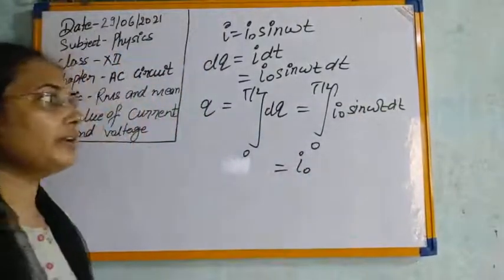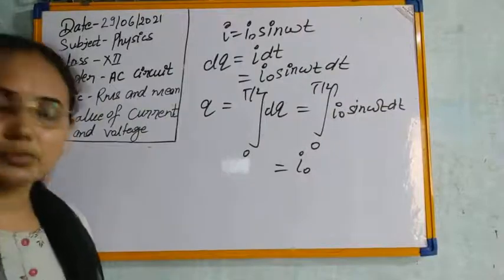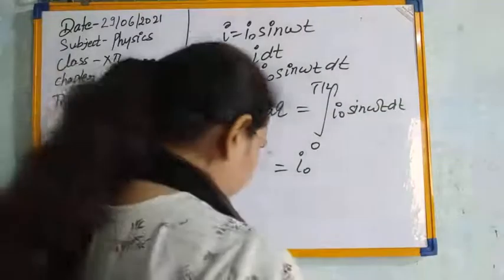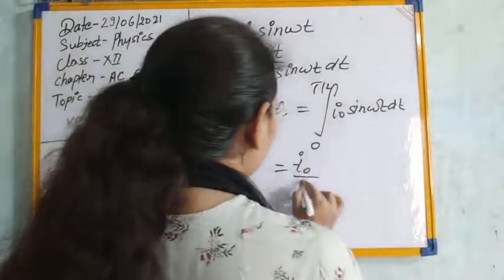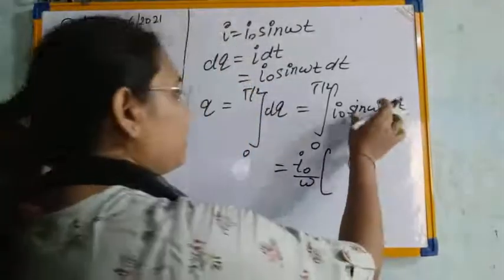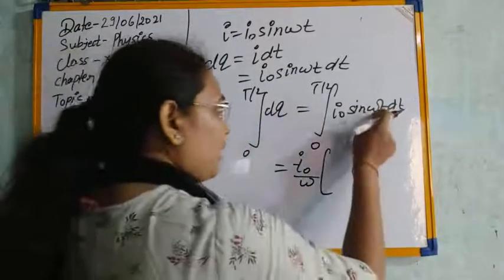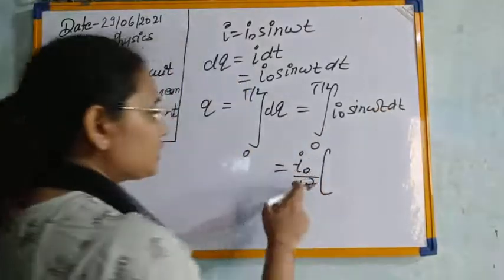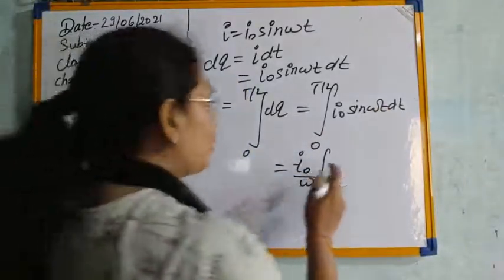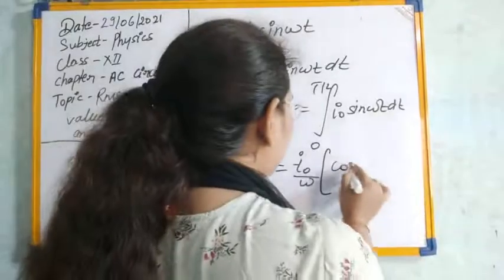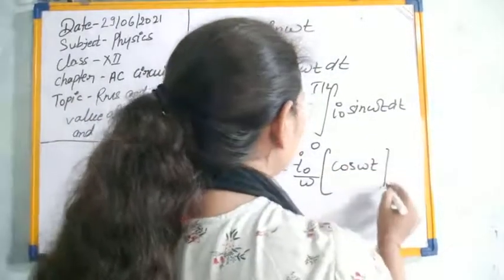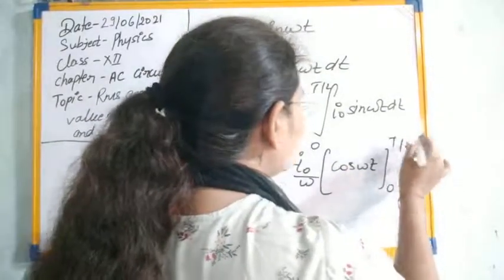Then we have to integrate sine omega t with respect to t. After integration, the integral of sine omega t is minus cos omega t upon omega, so minus upon omega I have just taken common. Inside the bracket we will have cos omega t, from 0 to T by 2.